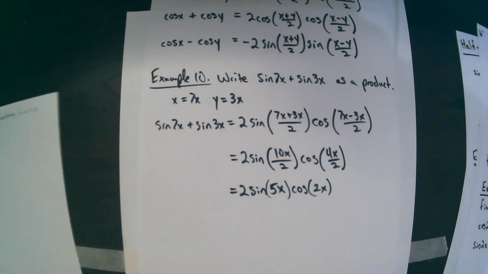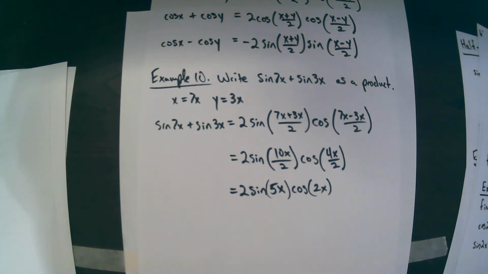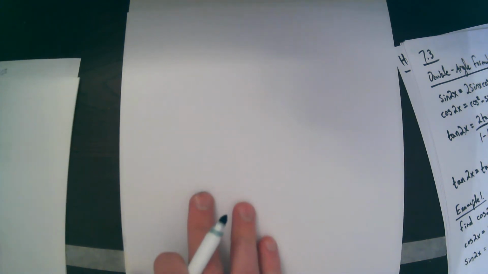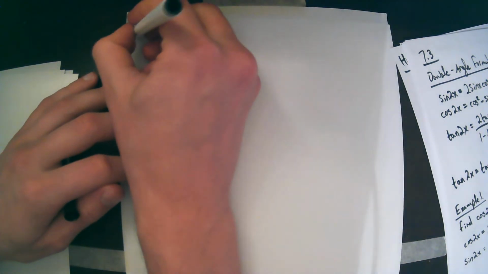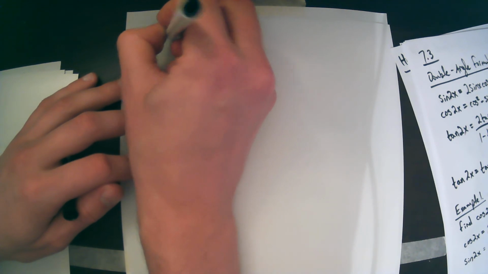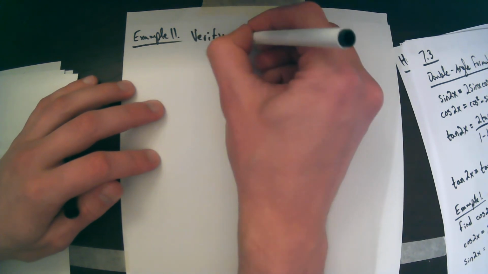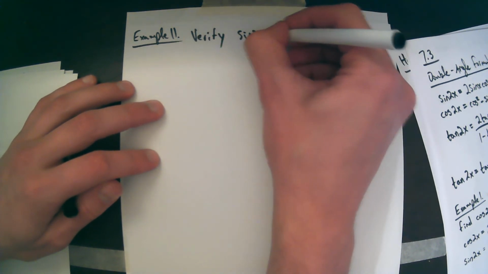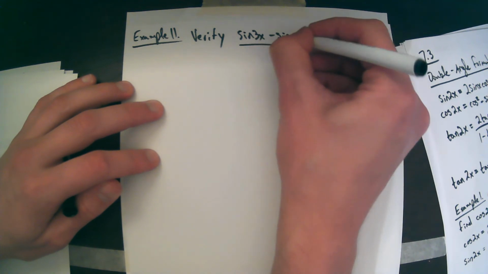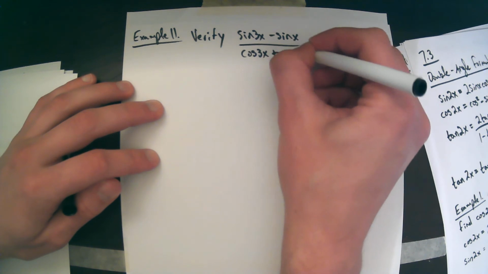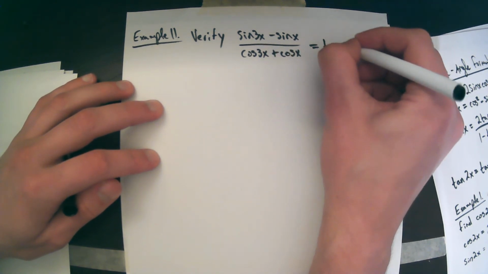And for the last problem, we'll use one of these sum to product formulas to verify an identity. So let's verify: sine of 3x minus sine of x over cosine 3x plus cosine x equals tangent x.